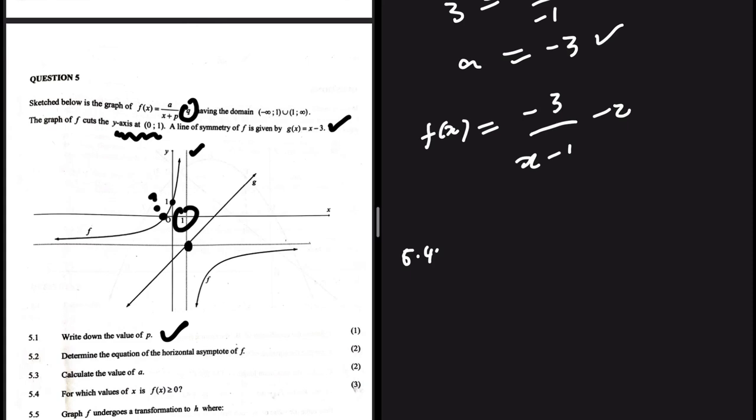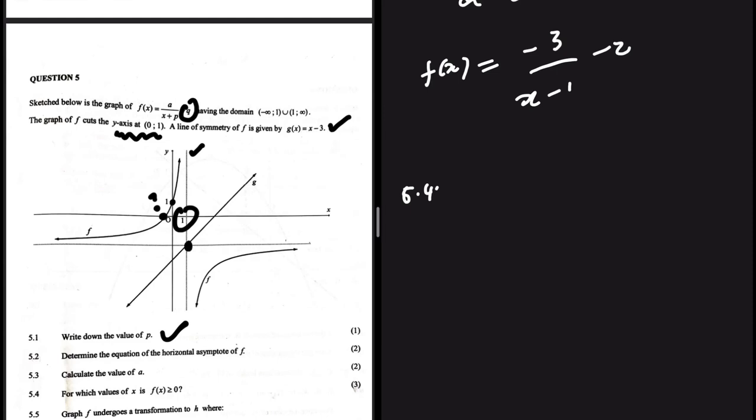So I think we need to actually find the value of x for which it starts becoming positive. So how are we going to do that? What is the value of x when y is equal to 0?